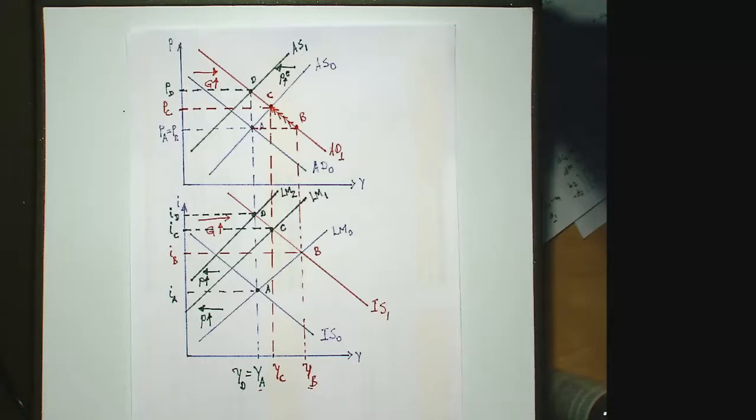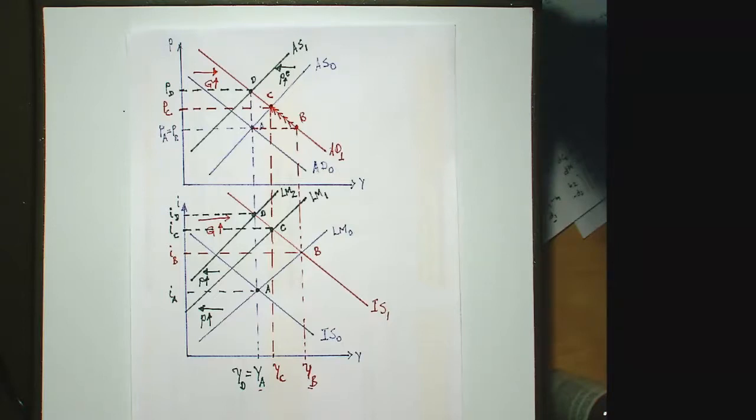This again resulted in an increase of price from PC to PD. So this further increase of price again led to our real money supply decreasing. So we have shifted our LM from LM1 to LM2. The price increase from PC to PD resulted in the shift of the LM curve from LM1 to LM2.